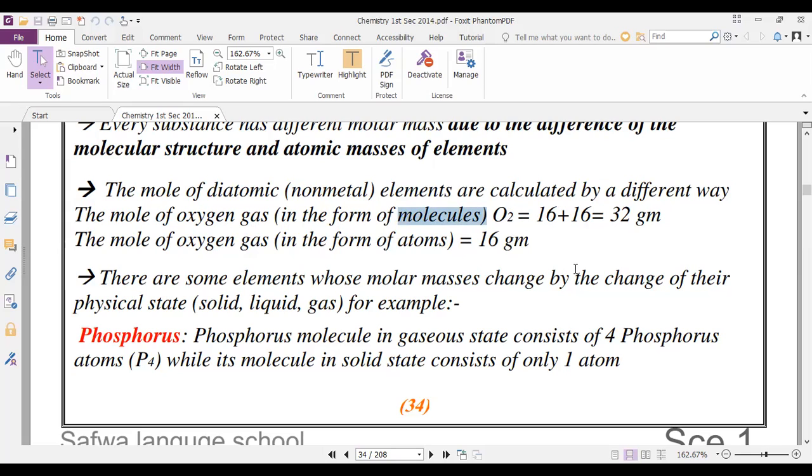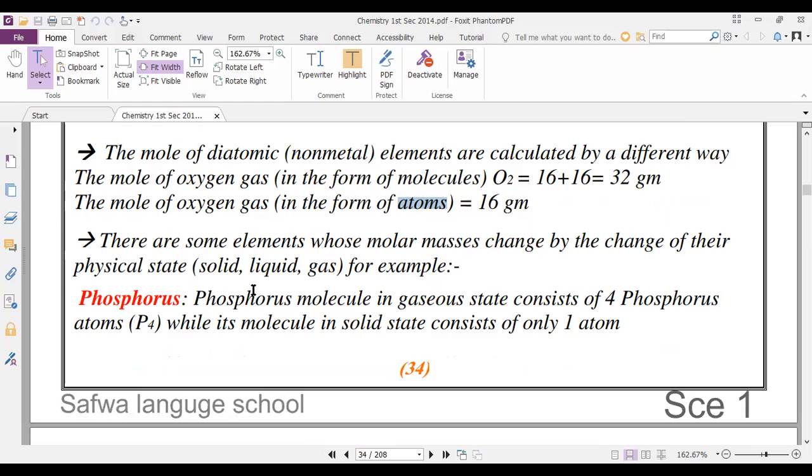Yes, equals 32, because its molecule is O2, O plus O, 16 plus 16 equals 32. While the mole of oxygen in the form of an atom will be 16 grams, as one atom only equals 16 grams. Okay?